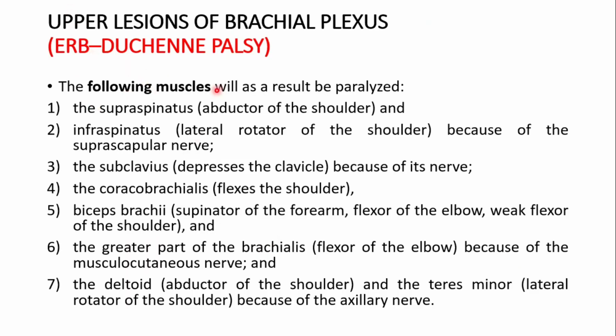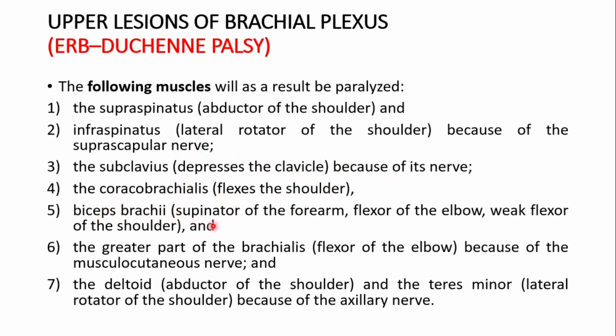Yes, the following muscles will be paralyzed as a result in an Erb-Duchenne palsy. The supraspinatus, which is the abductor of the shoulder, and infraspinatus, the lateral rotator of the shoulder, because of the suprascapular nerve. The subclavius, it depresses the clavicle because of its nerve. The coracobrachialis, it flexes the shoulder.